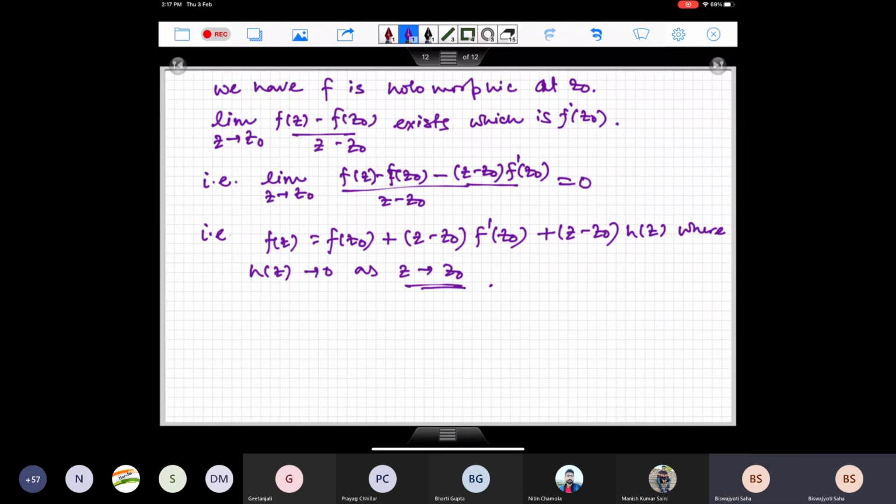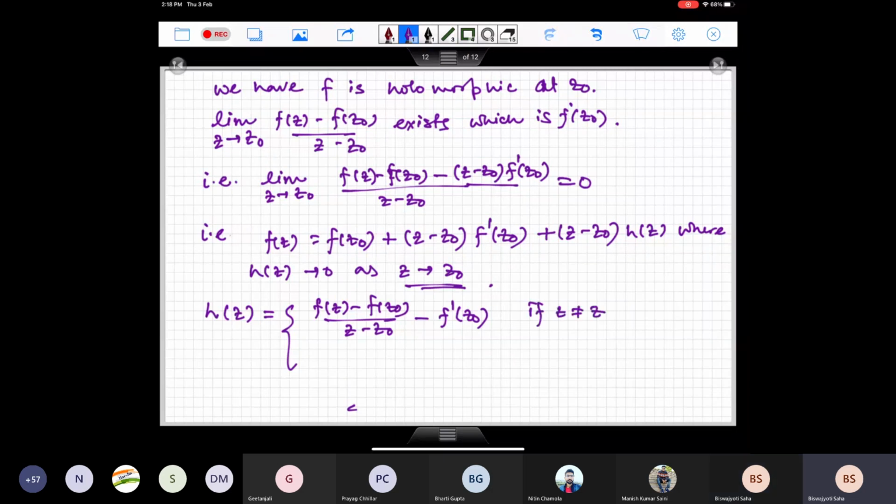Now let us observe what this function h is. If we take z not equal to z naught, then I see that h of z is nothing but f of z minus f of z naught divided by z minus z naught, minus f prime of z naught, if z not equal to z naught.